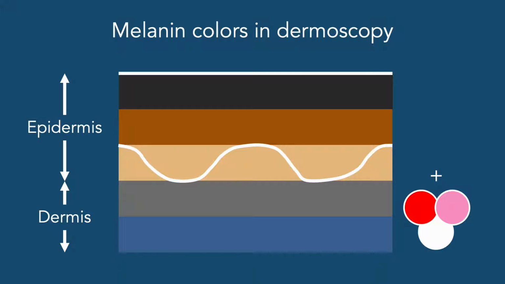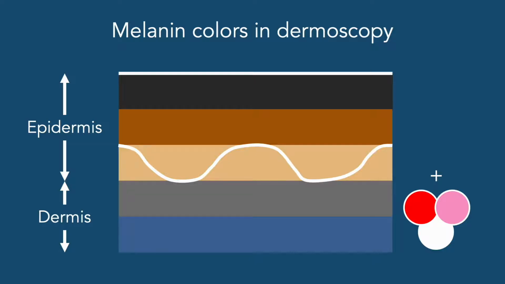Melanin colors that we see in dermoscopy also give us clues. If we only have browns and blacks, then of course the melanin is probably located in the epidermis. Whereas if we see grays and blues, then we have melanin deeper down in the dermis, and therefore a higher probability of invasiveness, especially the bluer it gets.